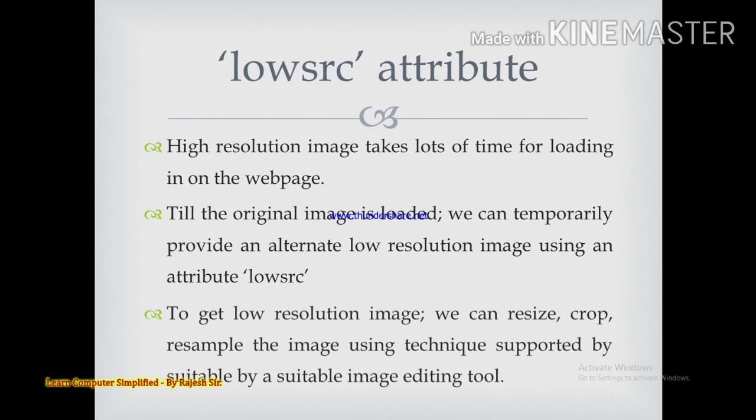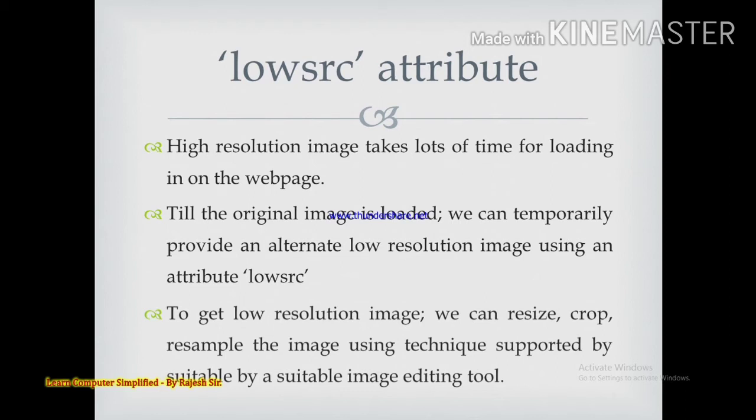This low SRC attribute is most useful when we have a high resolution image to be added in the web page, and if our internet connectivity is slow, it will take longer to load. So till the actual image is loaded, the alternate image we can provide should be given through the low SRC attribute.